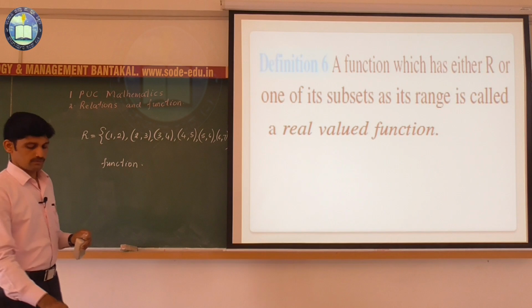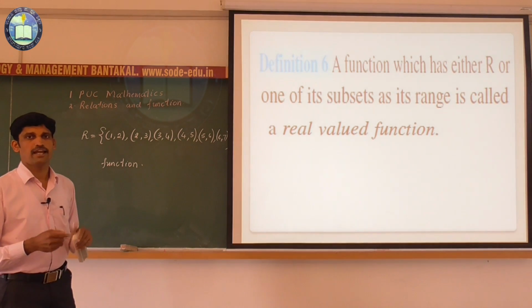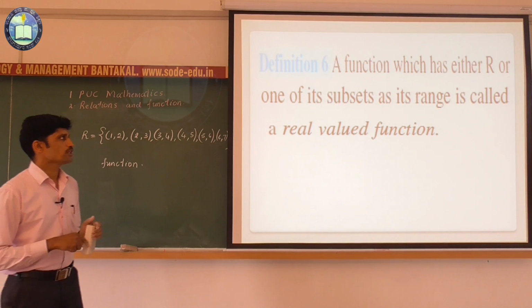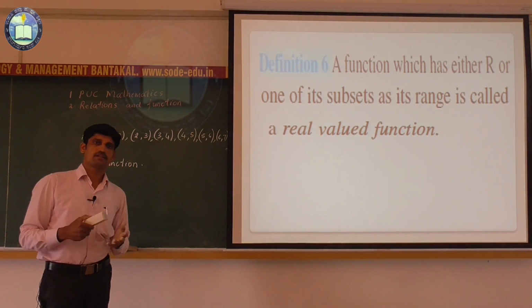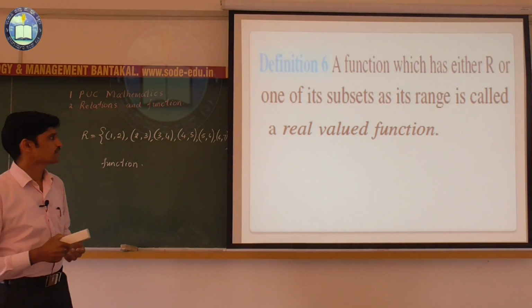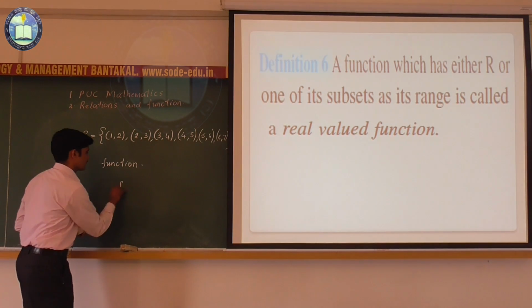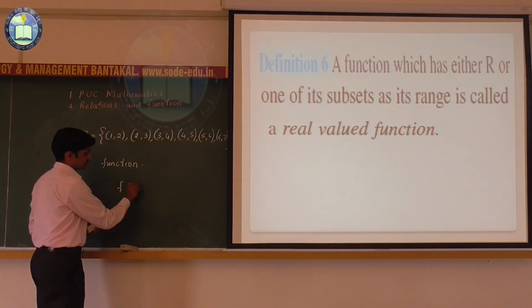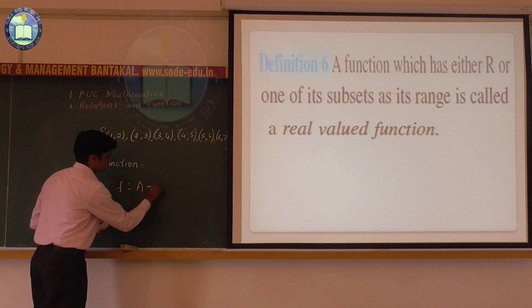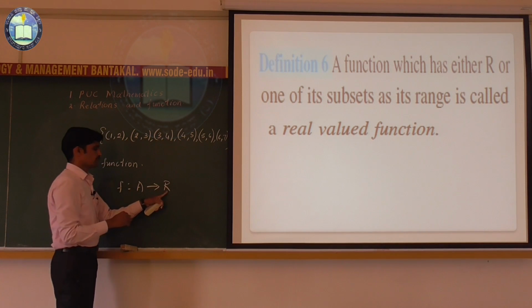Next, the definition of real valued function and real function. A function which has either the set of real numbers or one of its subsets as its range is called a real valued function. A function f from some set to the set of real numbers or a subset of real numbers.